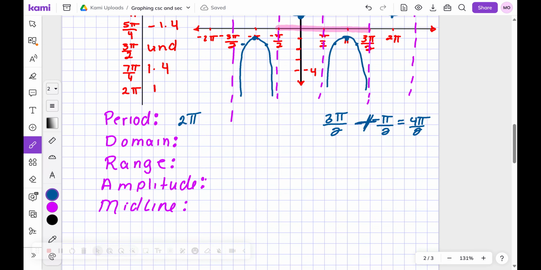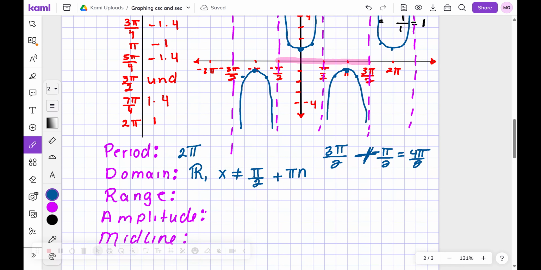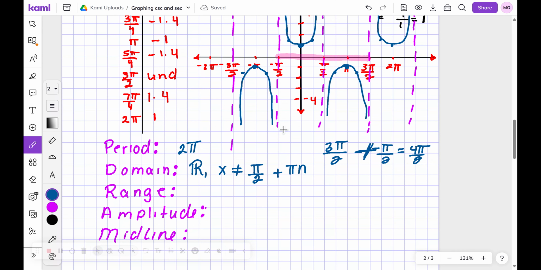Your domain, any real number, comma, x cannot equal, my first undefined is pi halves, plus from one undefined to the other one is 180 degrees, so pi n. My range, bottom to top, negative infinity, comma, to -1, bracket, union, bracket, 1 to infinity.